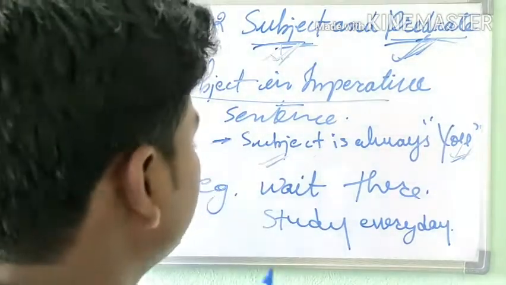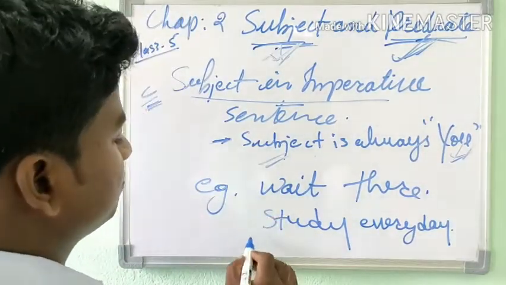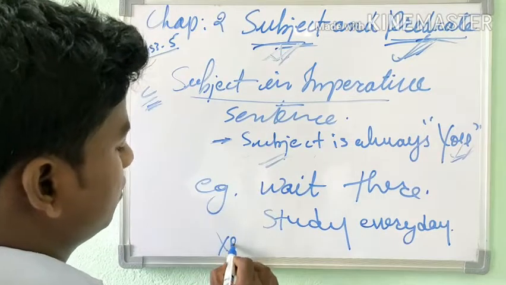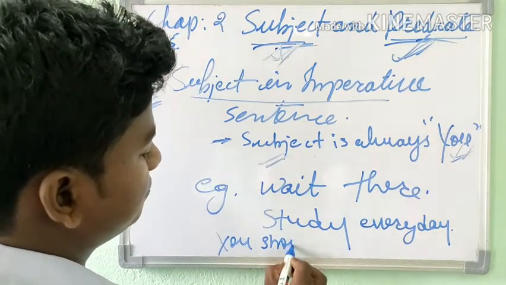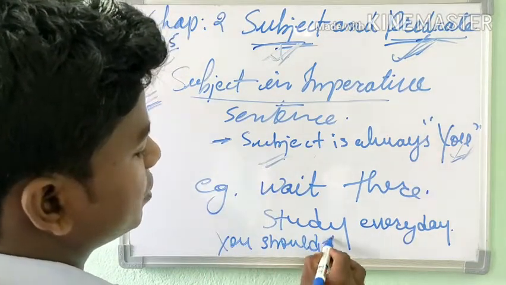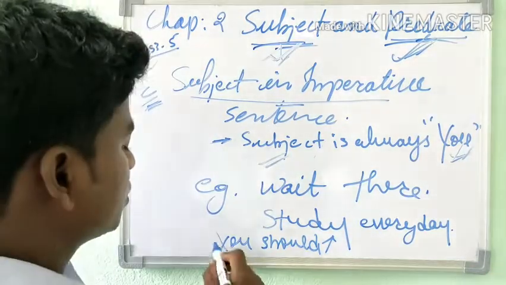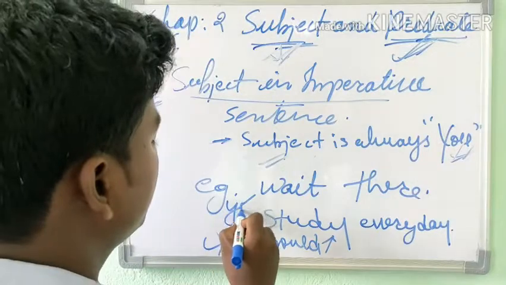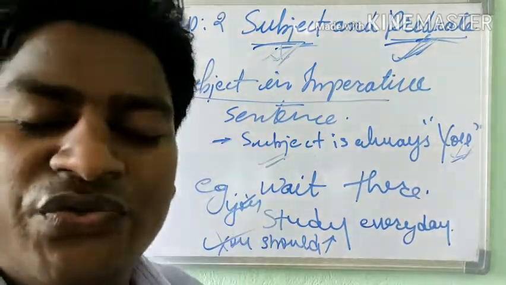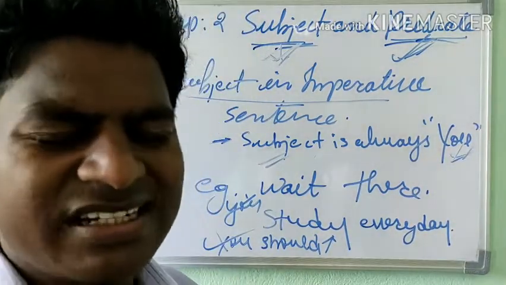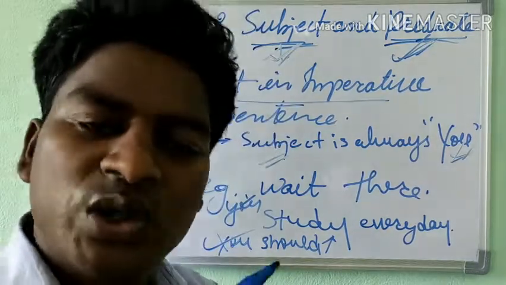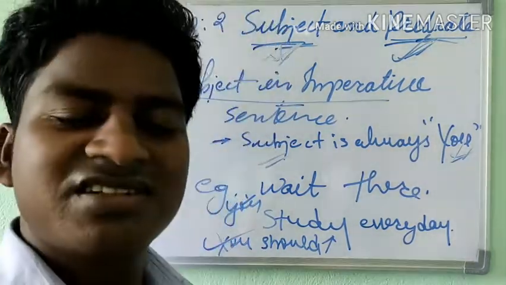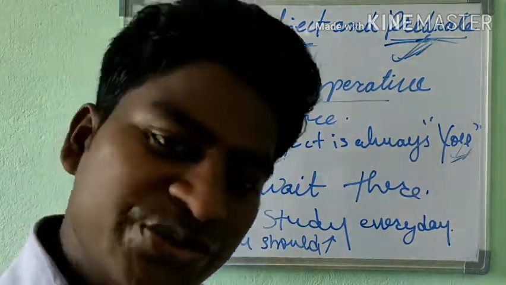The subject here is you. So the subject here is hidden. You, but we don't write them. It is just implied or just understood that subject is you.